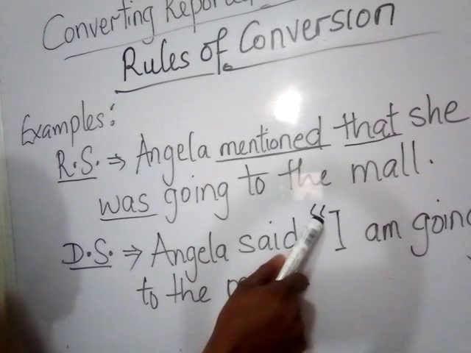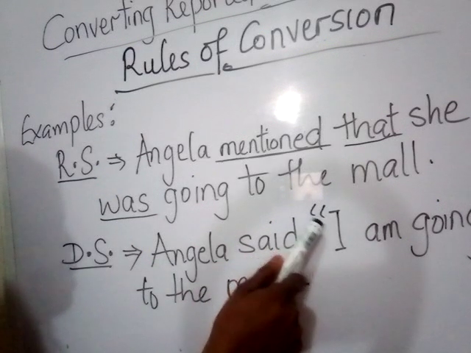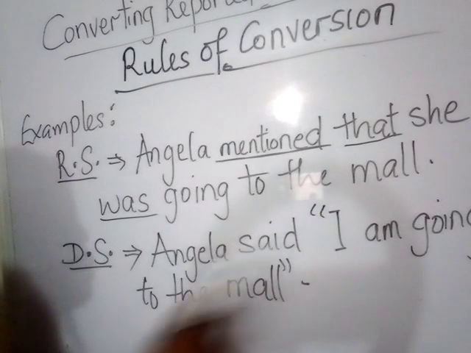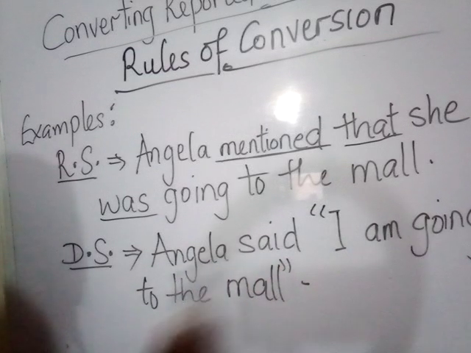This is something that must be used when it is direct speech. Without using this, there is a problem. This is what tells us that the exact words of the speaker are being expressed here. So Angela said, "I am going to the mall."